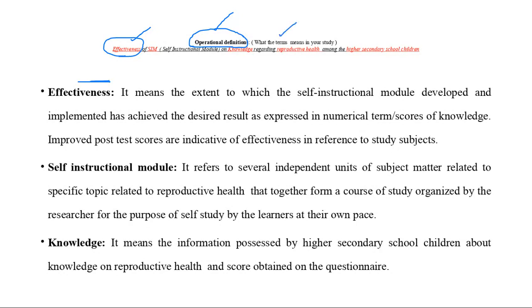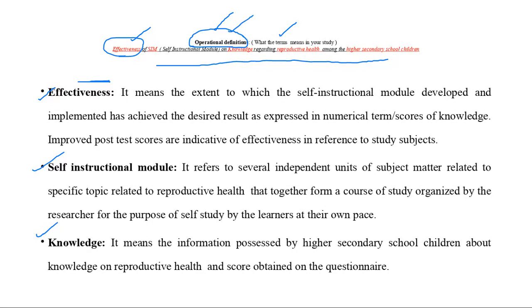We have a general, common definition for effectiveness, but what effectiveness means in my study is known as the operational definition. Here we see some examples like effectiveness, self-instruction module and knowledge. Whatever terms you are using in your study, for all the terms you have to give the operational definition.